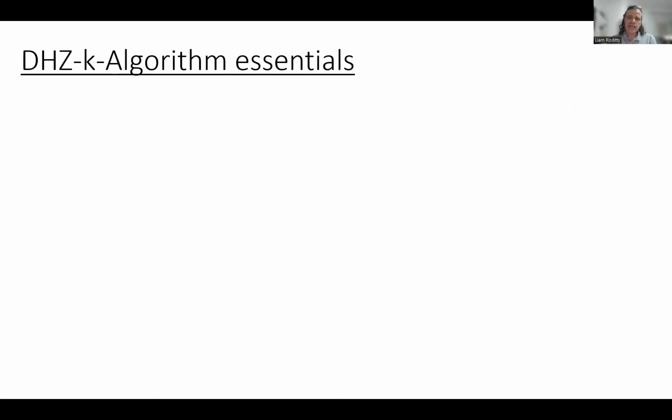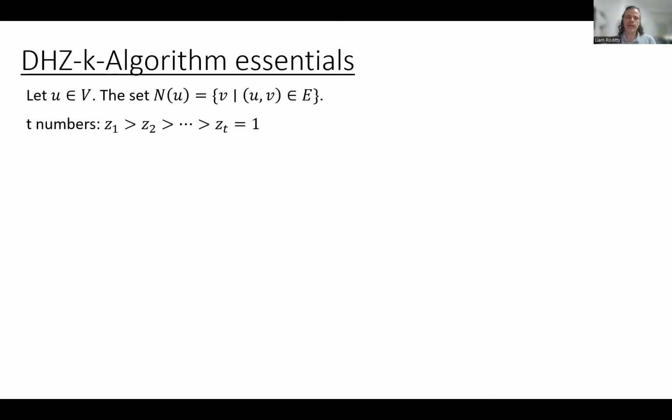So let's start with the essentials of Dor, Halperin, and Zwick's algorithm. Some definitions. For every vertex u, we have a set N(u), which is the set of neighbors of u. And we have T numbers, which we call Z1 until ZT. This T will be the size of the hierarchy, the number of levels that we have in the hierarchy that we will create in a moment.